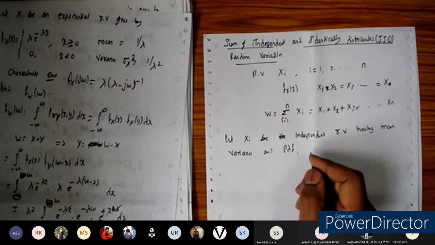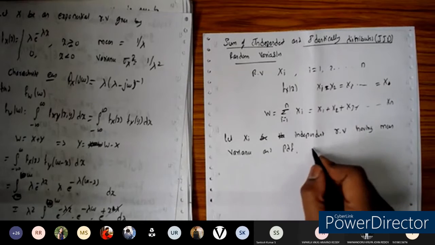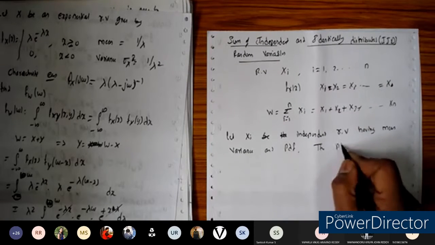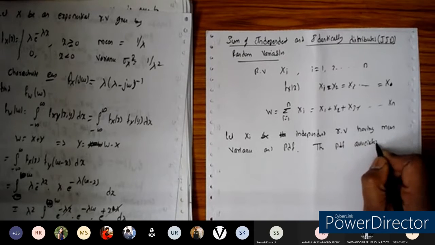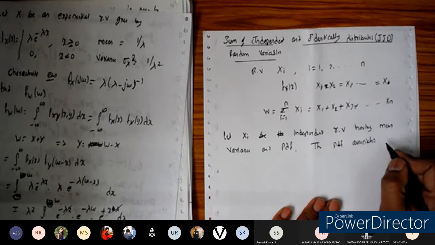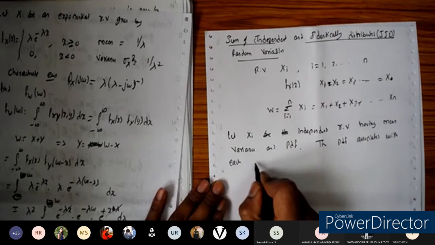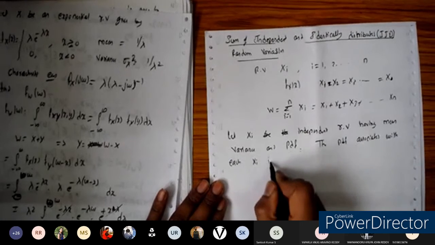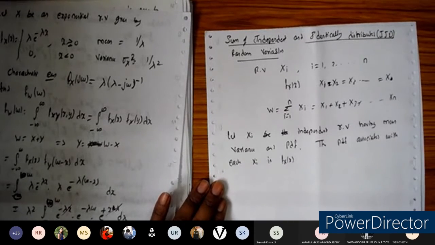The PDF associated with each Xi is fX(x).